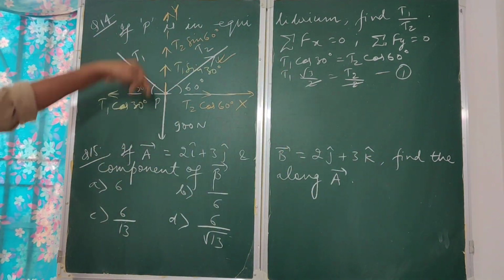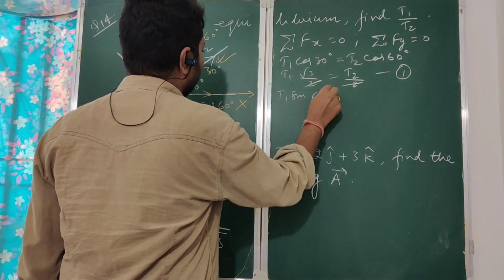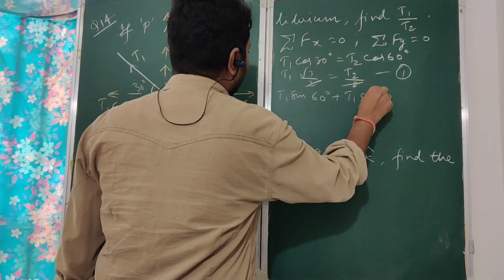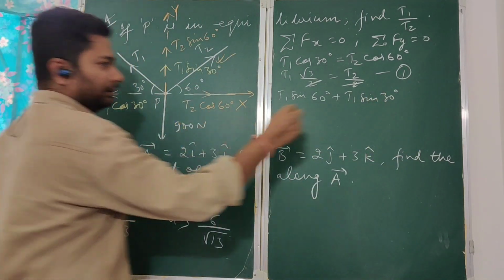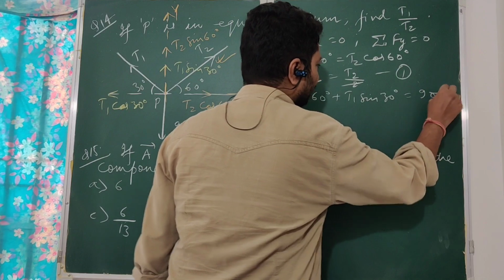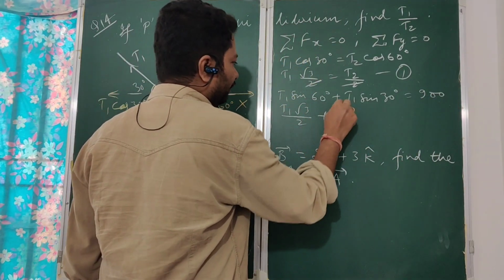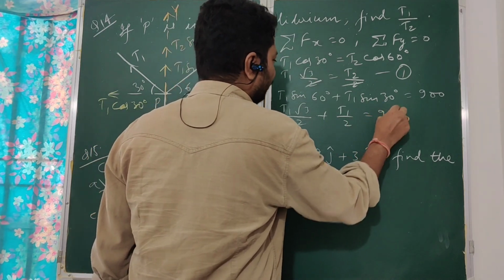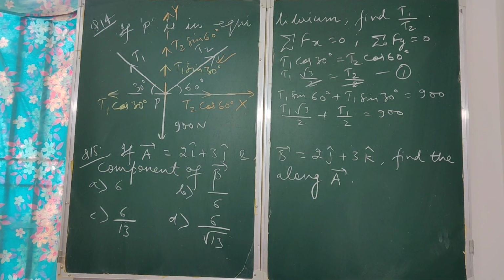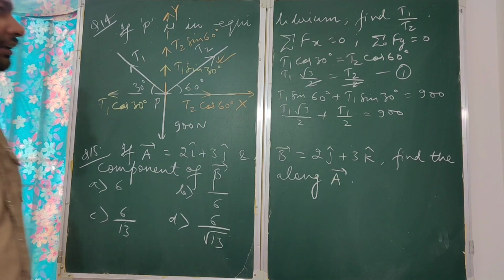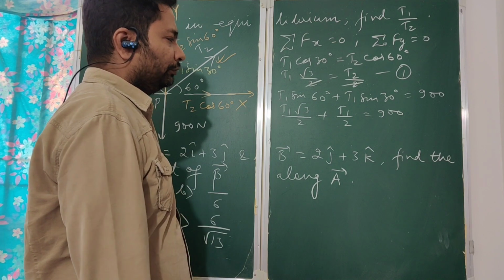For vertical equilibrium, you can write T1 sin 60 degrees plus T1 sin 30 degrees, and that is equal to 900. So equate it to 900. So we can write this as T1 root 3 by 2 plus T1 by 2, and that is 900. Correct?